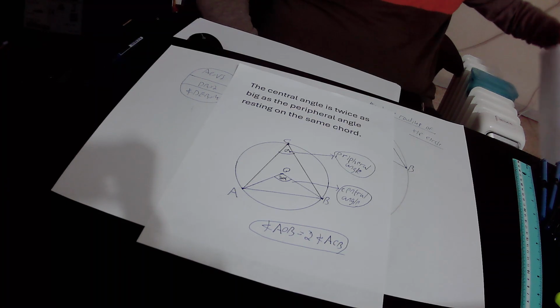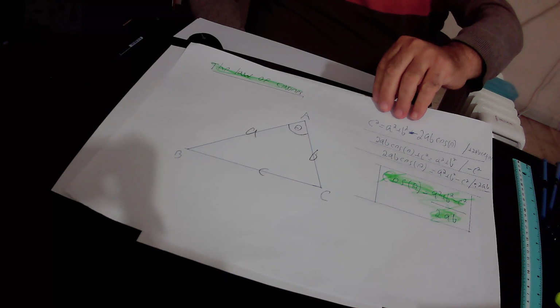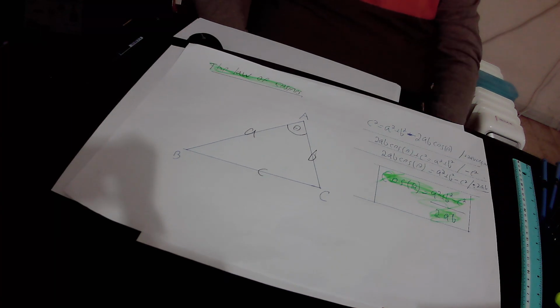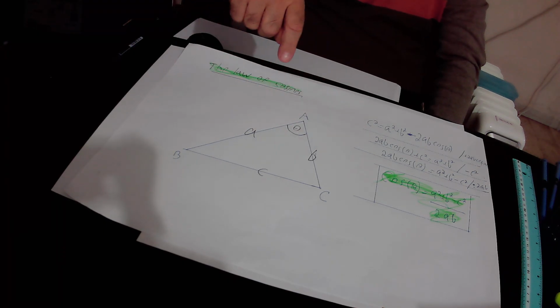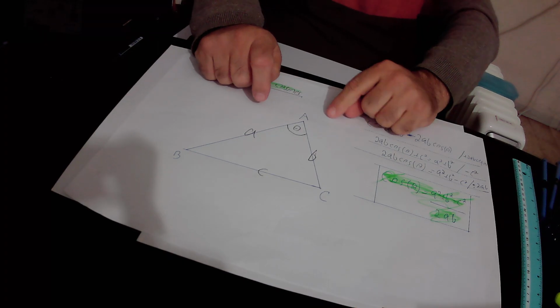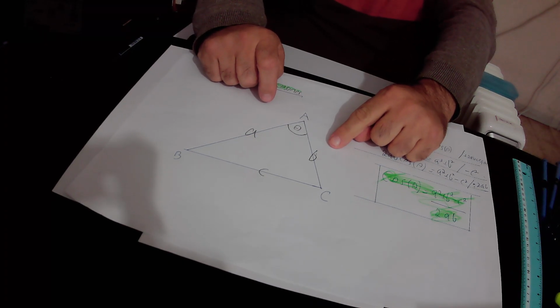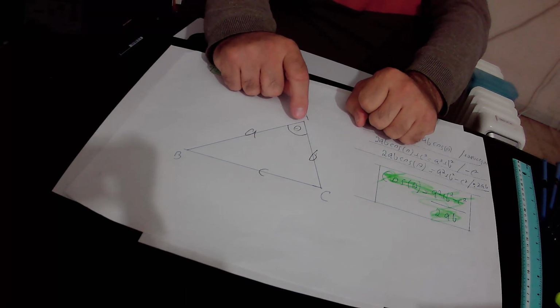And we have the second rule, that is the law of cosines. The law of cosines is true in any triangle. So this triangle ABC could be any triangle. The length of side AB equals A units. Side AC equals B units in its length. Side BC equals C units. And this angle BAC equals theta.